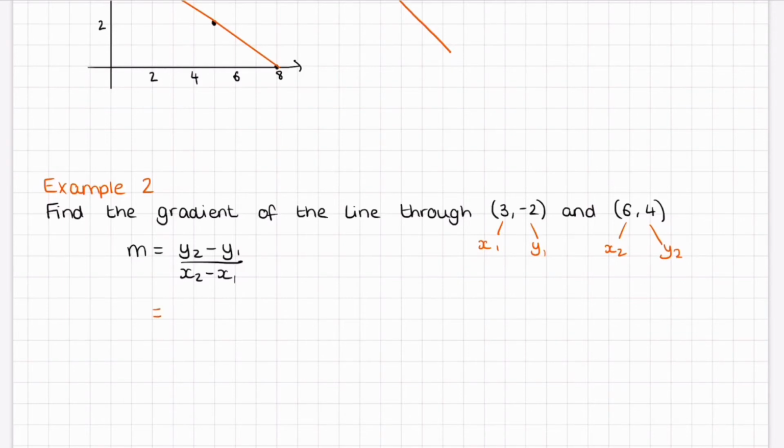So we'll work this out. y2 is 4 minus y1, which is -2, all divided by x2, which is 6, minus x1, which is 3. 4 minus -2 will just be 4 plus 2, which gives us 6. 6 minus 3 is just 3, and then 6 divided by 3 is 2. So our gradient of the line that goes through those 2 points is 2.